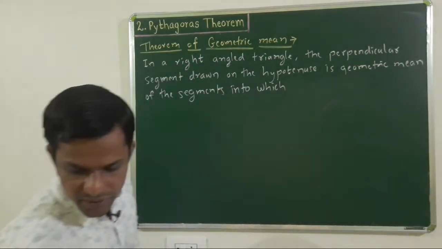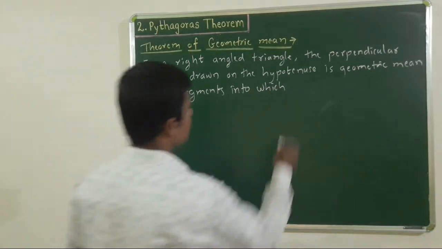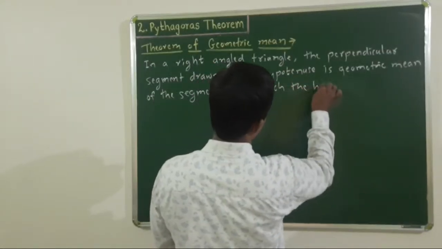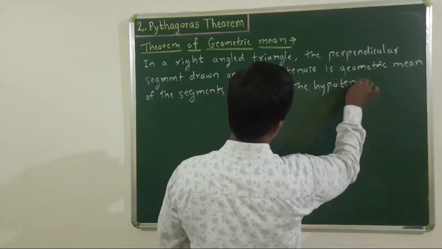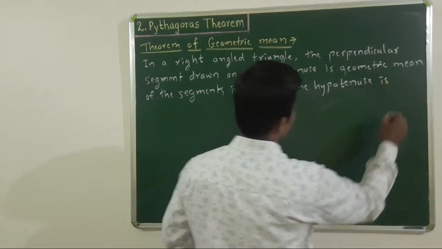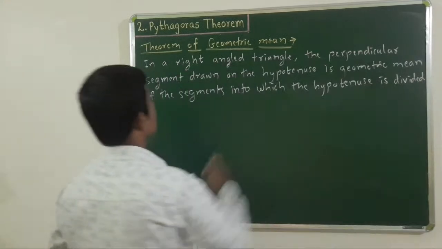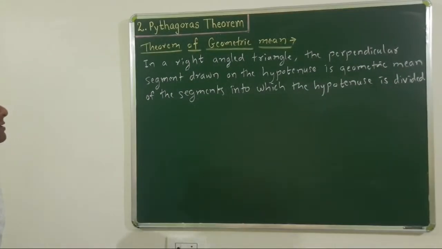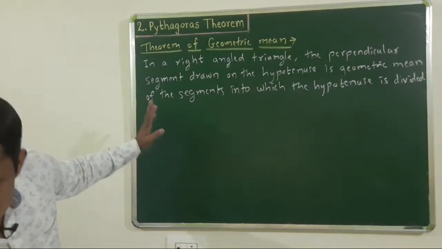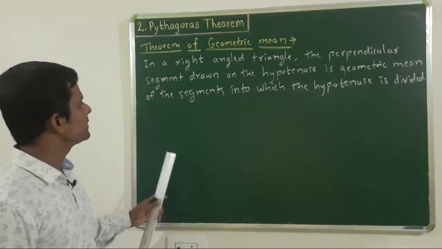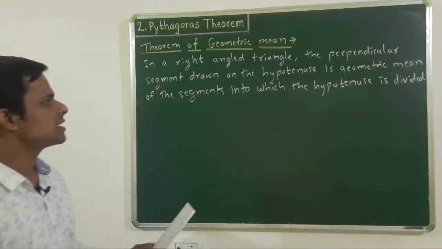It means the hypotenuse is divided. In a right angle triangle, the perpendicular segment drawn on the hypotenuse is the geometric mean of the segments into which the hypotenuse is divided.